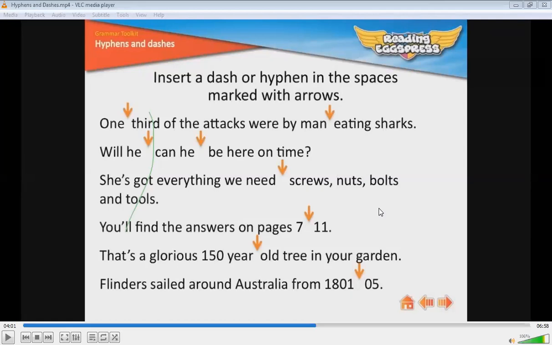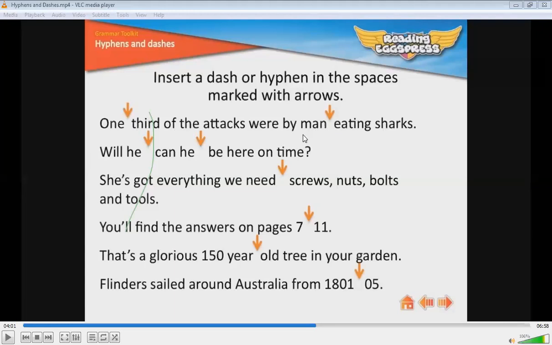Like the second one here, man eating sharks. What do we have here? What do you think? In the first line, we have some errors. You should add a hyphen or N dash or M dash. So what do you think in the first line? Your colleague just told us that in the first one, 1/3, it will be a hyphen because it's like a fraction. And the second one, what do you think? Like a dash.